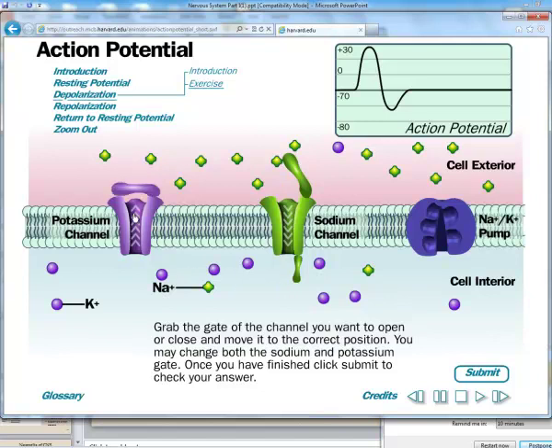I'm going to leave this one open. And we'll see how sodium travels into the cell and how that's going to change the charge of this cell in the positive direction. Because right now we have a charge of -70, which means it's -70 millivolts, more negative on the inside compared to the outside.